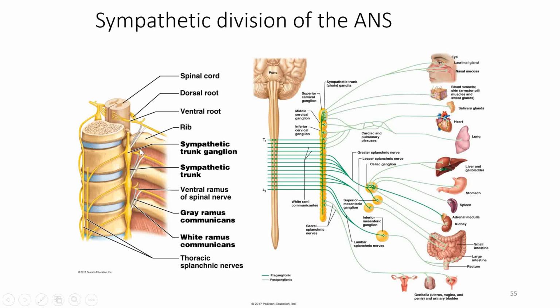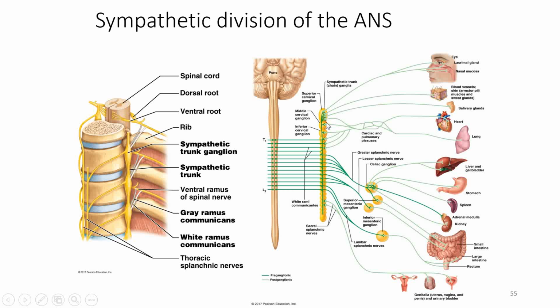So here's that sympathetic trunk. You can see that here, and then we've got the ganglia. This is going to be the postganglionic cell here, or the postganglionic axons here, so much longer. And then you've got, again, these swellings, and then you've got the preganglionic fibers here.